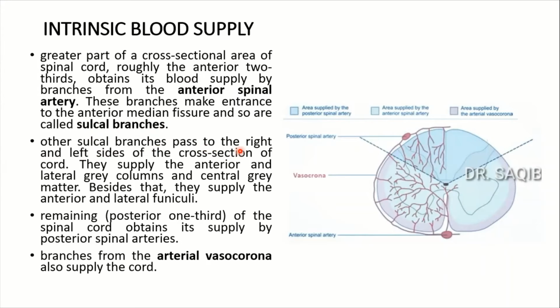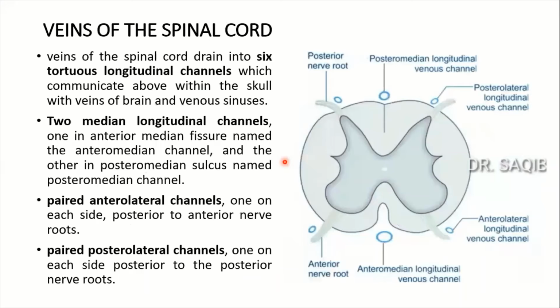Other sulcal branches pass to the right and left side of the cross section of the cord. They supply the anterior and lateral gray columns and central gray matter. Besides that, they supply the anterior and lateral funiculi. The remaining posterior 1/3 of the spinal cord obtains its supply from the posterior spinal arteries. Branches from the arterial vasocorona also supply the cord. Here you see, this is the intrinsic blood supply.